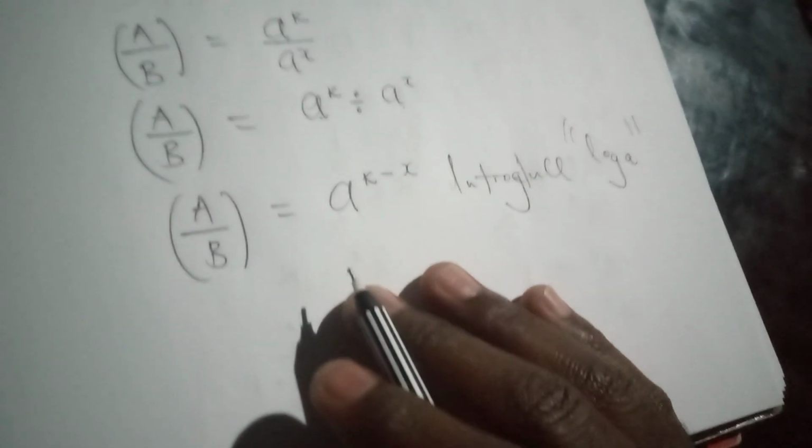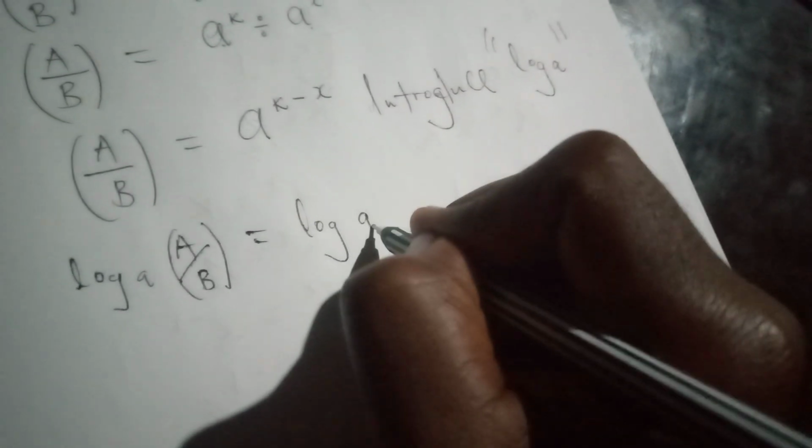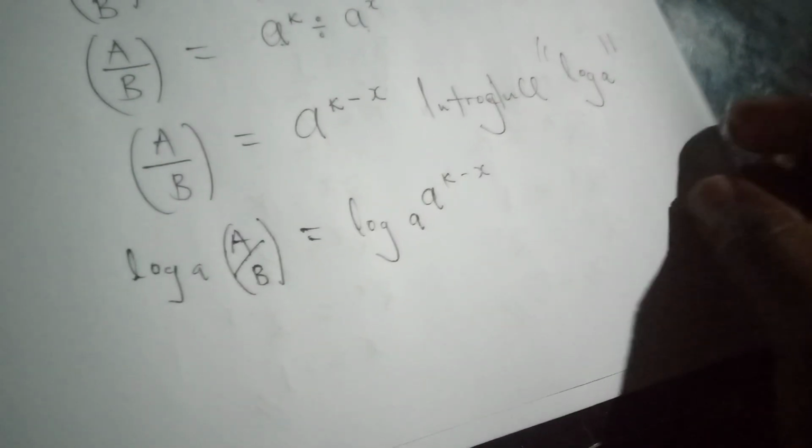So that is log a of a over b is equals to log a of a to the k minus x.